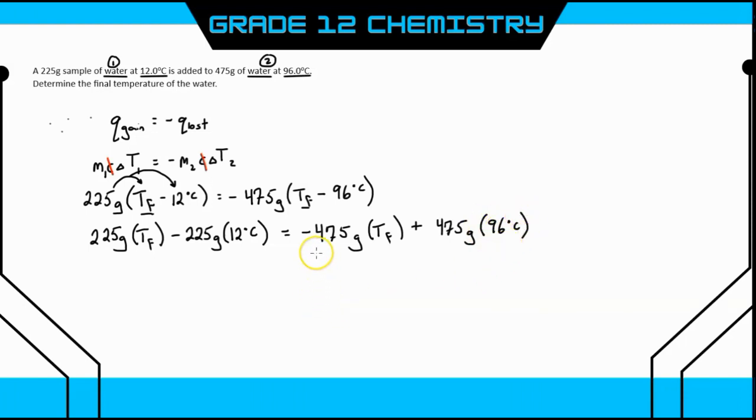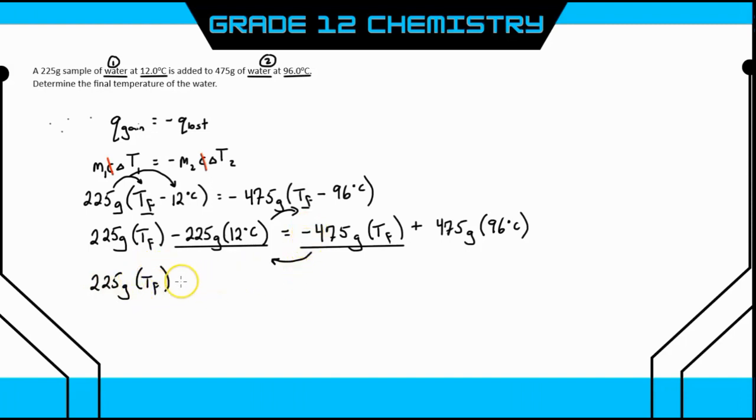All right, so collect like terms. I'm going to bring this term to the other side of the equation by adding it to both sides, and this term to the other side of the equation. So this is going to give us, on one side, 225 grams times that final temperature.